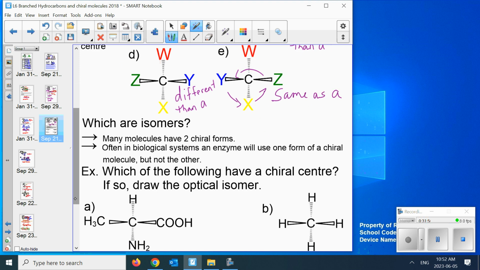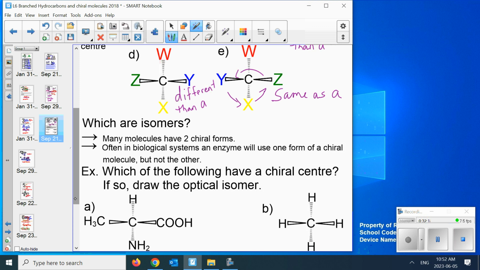Chiral. Many molecules have two chiral forms. Also, in biological systems, an enzyme will use one form of a chiral molecule, but not the other.